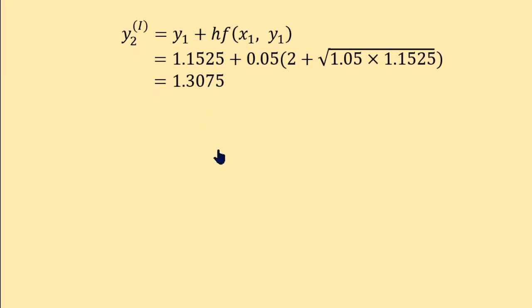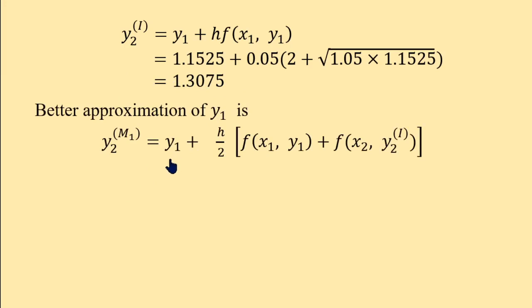The y2 modified formula is y1 plus h by 2 bracket f of x1 y1 plus f of x2 y2 initial value. So y1 is 1.1525 plus h is 0.05 by 2 bracket open f of x1 y1. This you can calculate separately: 2 plus square root of 1.05 into y1, that is 1.1525.